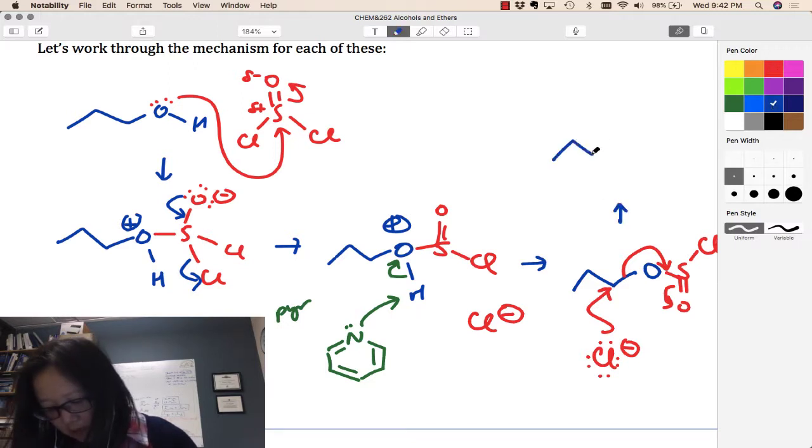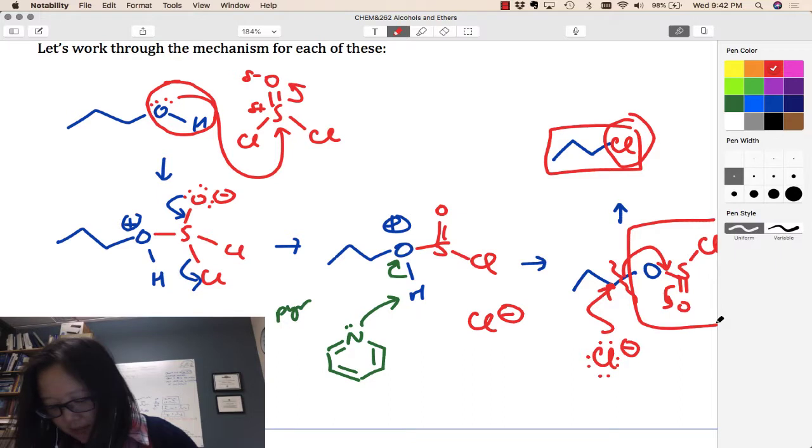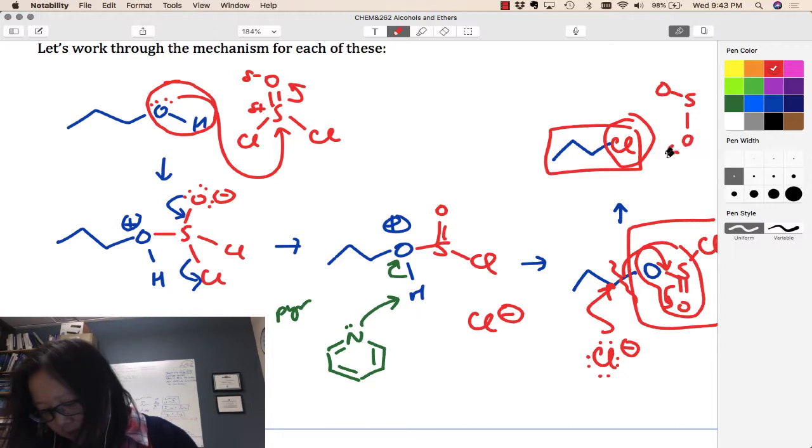I'm going to show that the Cl came in, attacking here. This bond breaks, so now we have our chloride. So this chloride replaced this OH group. The rest of this stuff right here turns into SO2. You can see the SO2 forming here. But I'm showing this in steps.